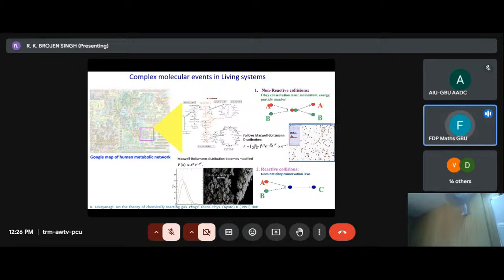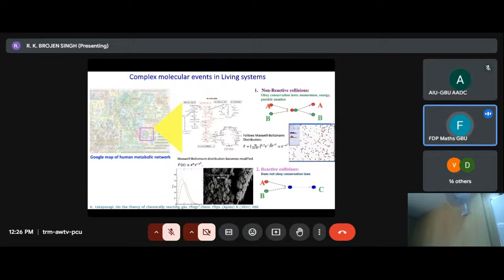But if you say that one molecule of A decays, one molecule of B decays, and one new, different molecule is created, this is called reactive collision. This is the actual chemical reaction. And in our physics and mathematics, we call this reactivity.